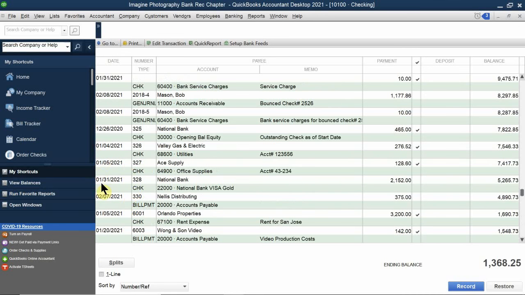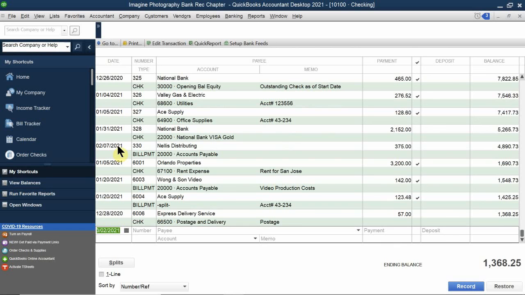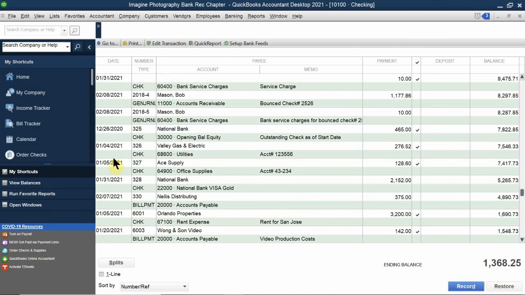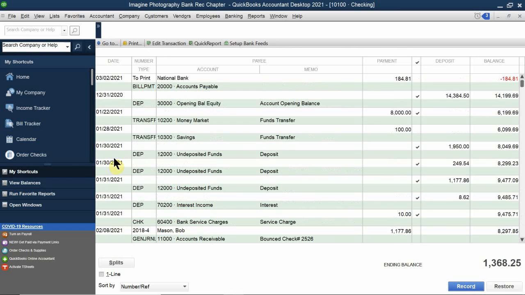Here you go, March 2nd. Oh, I lost it. Let me see, March 2nd, where did it go? Okay, here you go, March 2nd.